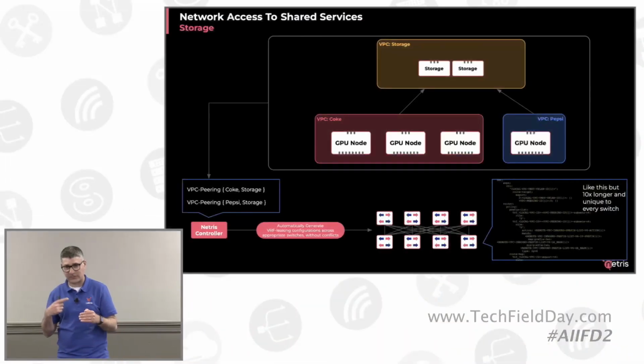We say tenant Coke can access storage, and the storage vendor itself knows that tenant Coke has these IPs, and if traffic comes from these IPs, I should serve, because I trust that traffic is really coming from that tenant, because Netris is enforcing this in the VRF leaking layer.